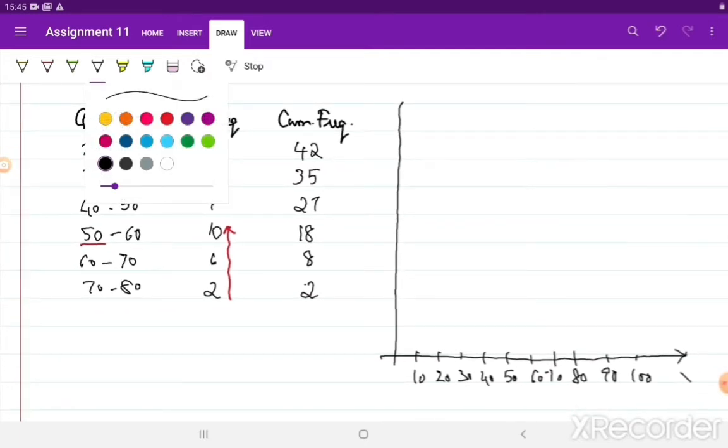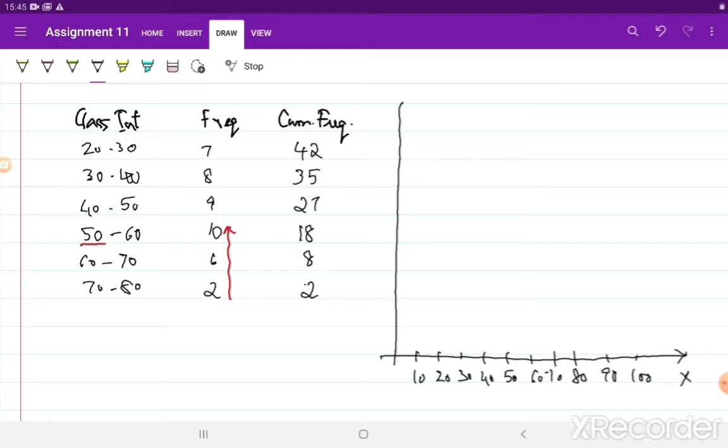So this is your x-axis, and on the x-axis you are plotting the marks out of 80, and on your y-axis you have the cumulative frequency. So that's cumulative frequency, and we are going 5, 10, 15, 20, 25, 30, 35, 40, 45.